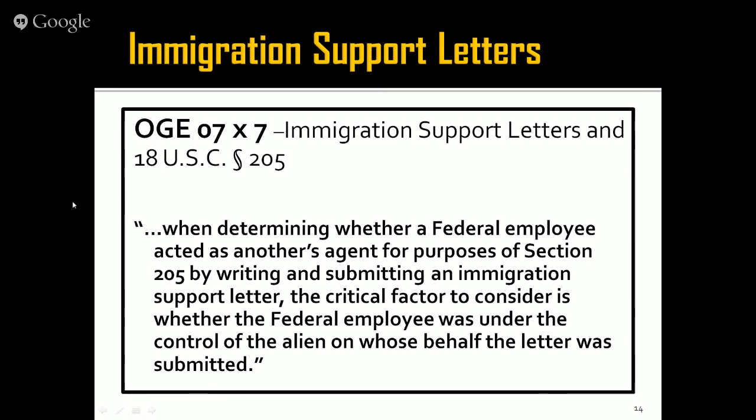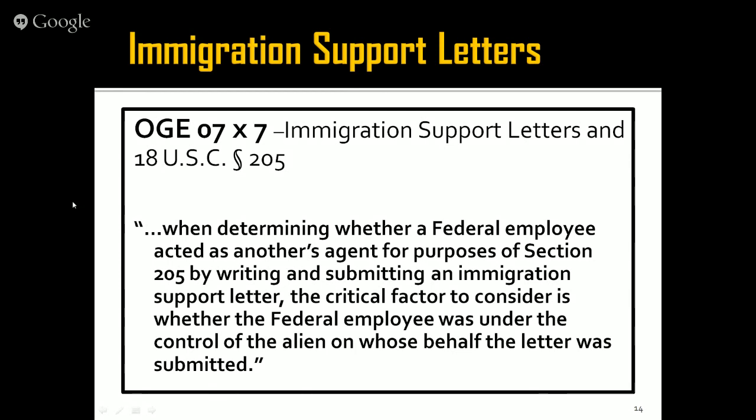Right, because the person on whose behalf you're writing this letter doesn't exercise control over you. You're not literally under their control. Well, it's saying as long as the character reference is based on your own knowledge of the character and abilities of the individual, so it is a representation of your own opinions of this individual, then that's self-representational in nature, and that's not a violation of 205.